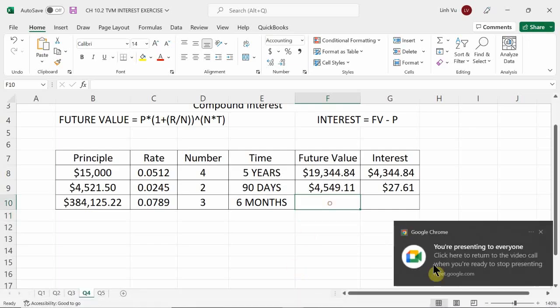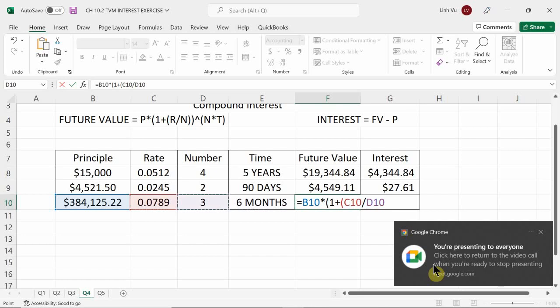Okay, so in this case, my principal is once again going to be that $384,125.22 times, open parentheses, 1 plus the rate. In this case, my rate is 7.89%. Divide that by the number of times it compounds, 3 times a year.